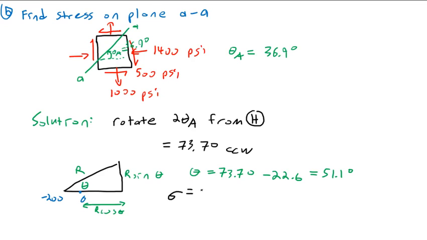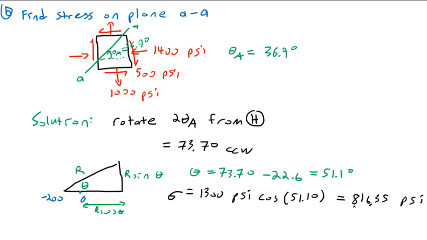Sigma equals 1300 psi times the cosine of 51.1 degrees, which equals 816.35 psi.